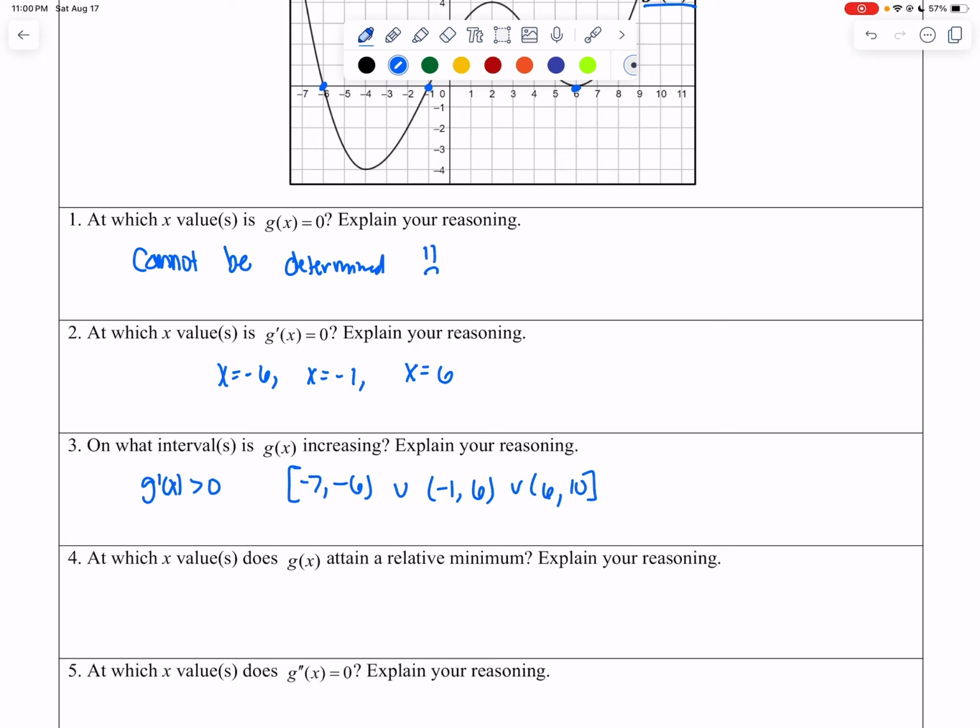Four says, at which x value does g of x attain a relative minimum? So remember, this is whenever we are having a sign change given my derivative here.